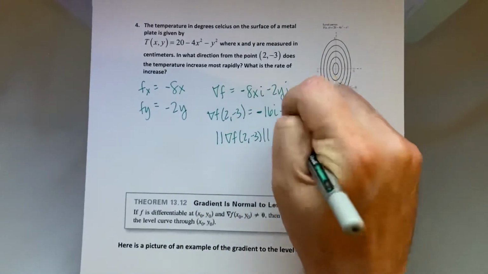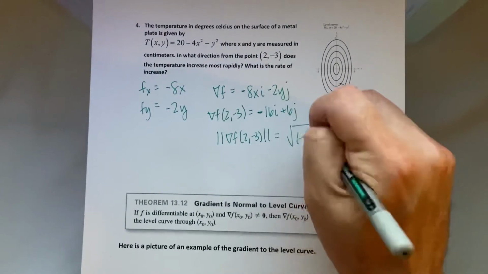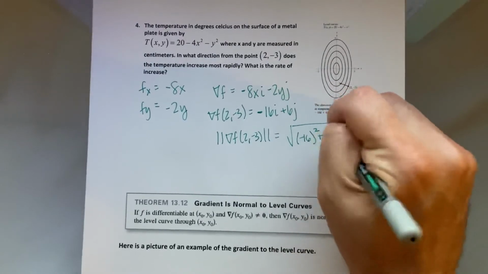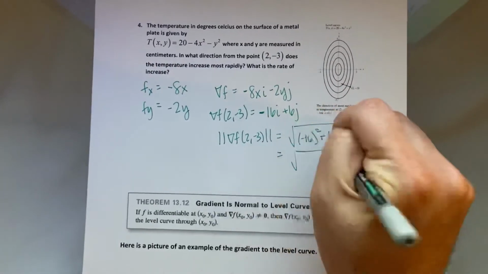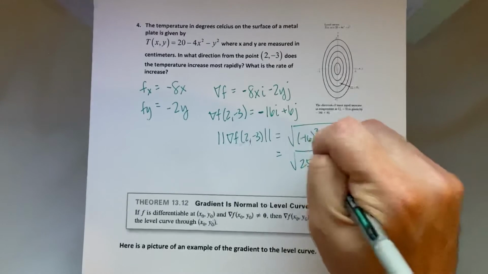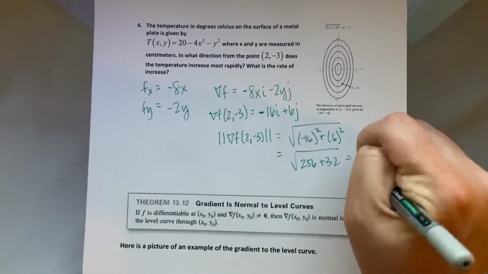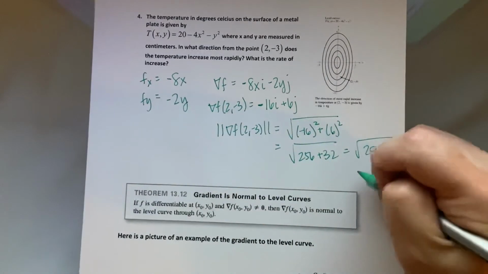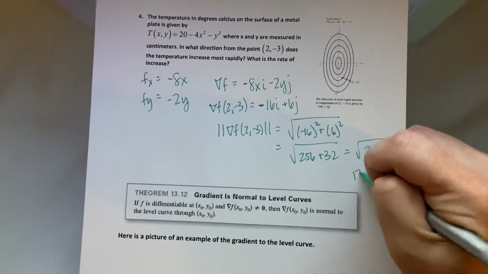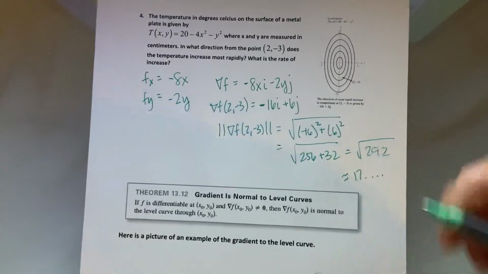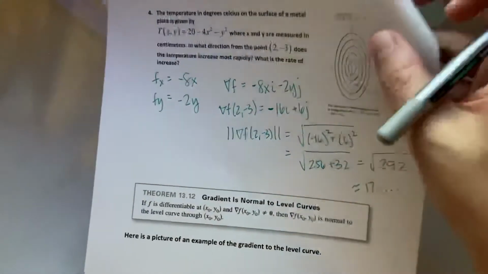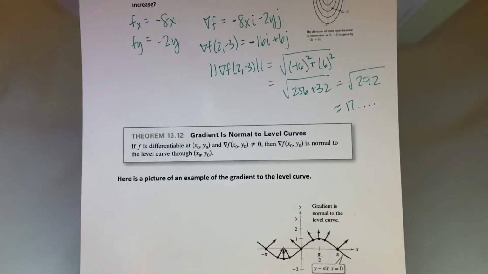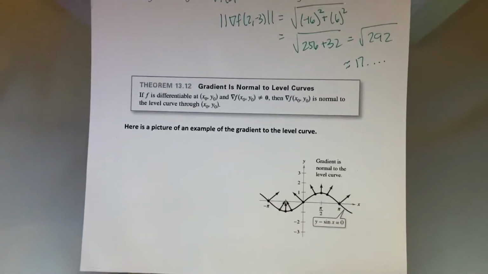So I need the square root of negative 16 squared plus 6 squared, which is the square root of 256 plus 36, which is the square root of 292. This is slightly over 17. So that's what the gradient can help us do, find the direction of greatest increase.